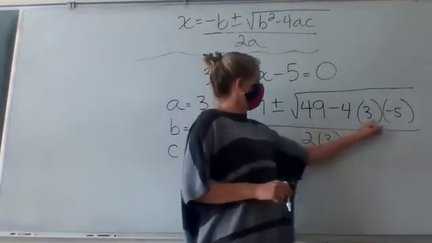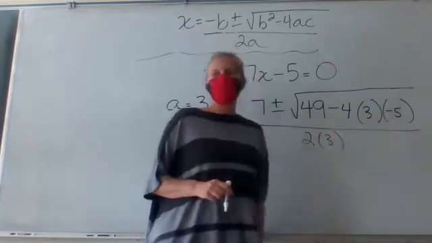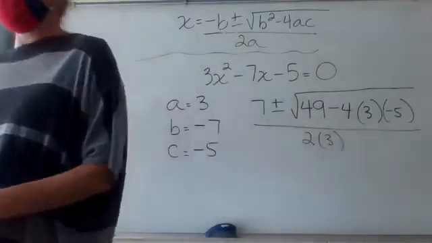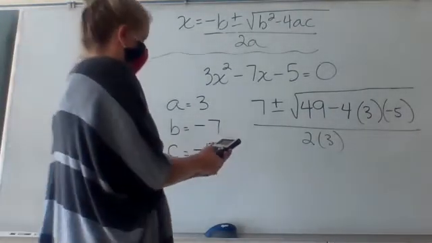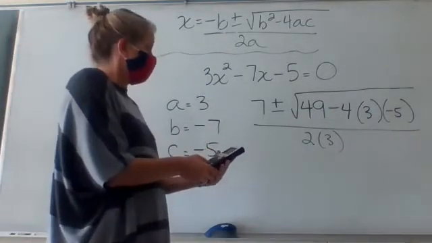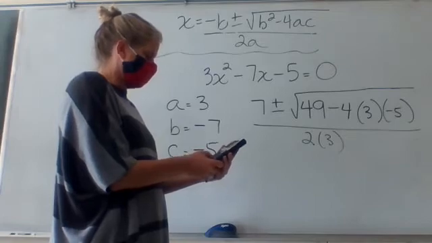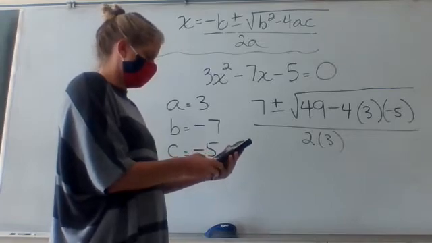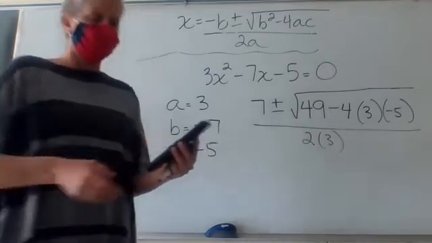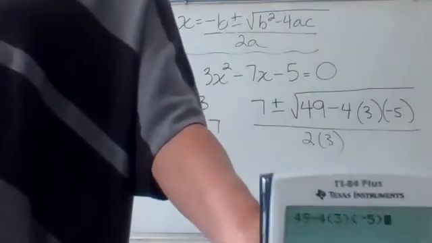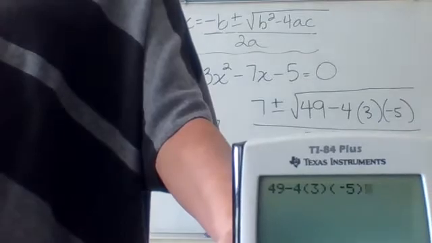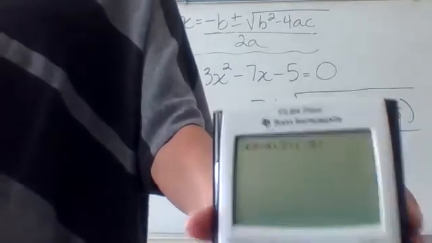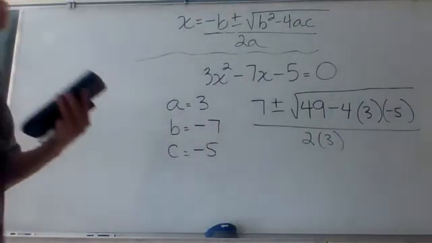Now remember, the second step is whatever is underneath your radical, type that exactly into your calculator. So I'm going to have 49 minus 4, open parentheses 3, close, open -5, close. So again, what is in your calculator needs to exactly match what is underneath that radical symbol. And hit enter.